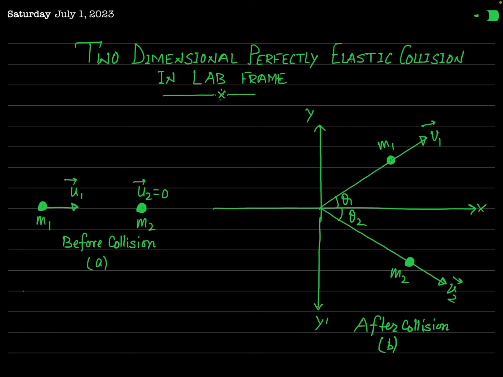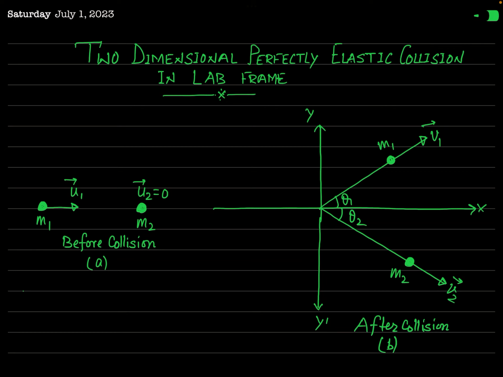In the previous lecture, I introduced you to two frames of reference. The first one was the laboratory frame, commonly called the lab frame, and the other was the center of mass frame. Our prime aim is to deal with the two-dimensional collision in these two frames.